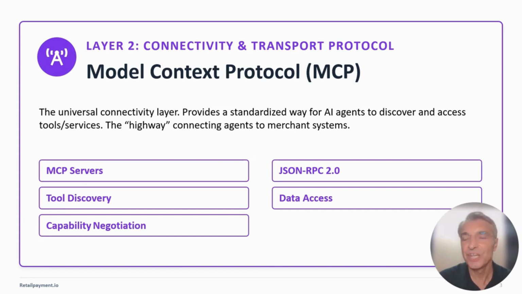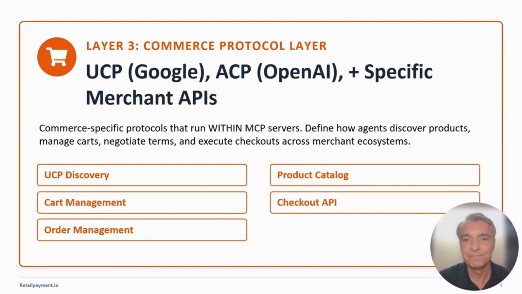Now it's generally vendor neutral, open, public. The simplest way to think about MCP is as a standard connector for agents. It provides the ability for an agent to discover what the merchant offers, e.g. inventory, services, or whatever. The commerce logic rides on top of it, and that's the next layer.